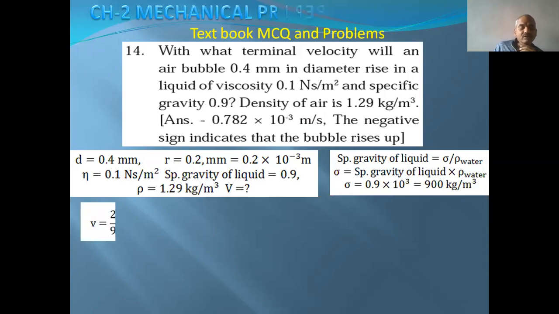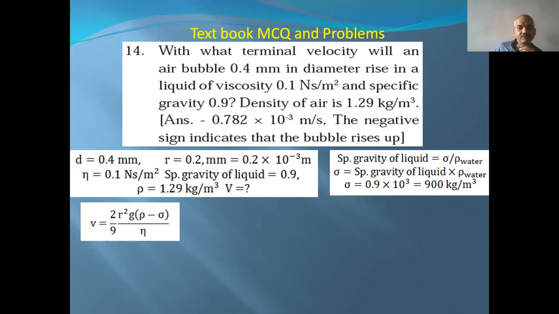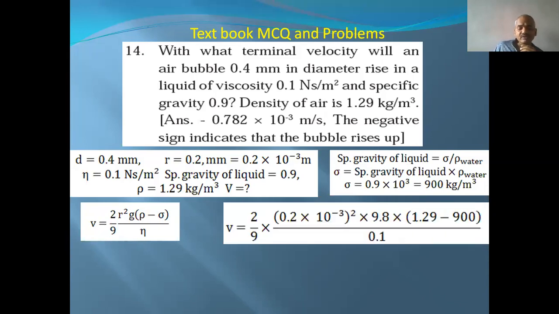Now just use the expression for terminal velocity as v is equal to 2 by 9 r square g (rho minus sigma) divided by eta. Just substitute all the values, you get 2 by 9 into, in bracket, 2 into 10 raised to minus 3, the bracket square, the value of g as 9.8, rho 1.29, the density of the air bubble.